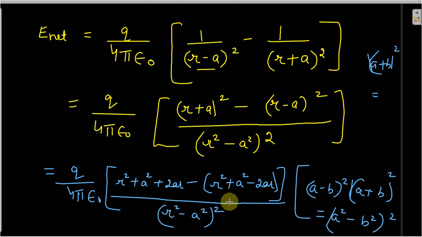Now in the next step you can solve the bracket, and after solving, this R square will cancel, A square cancel, and this minus will be plus, you will get 4AR.